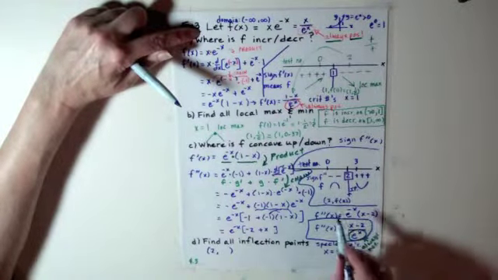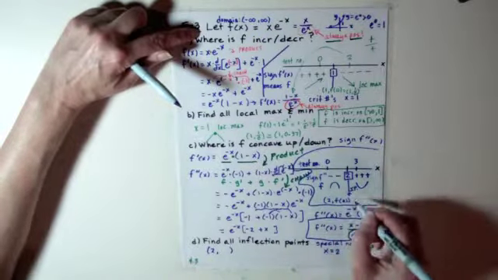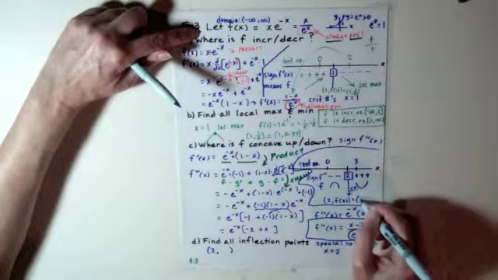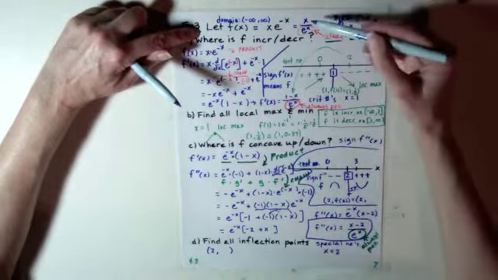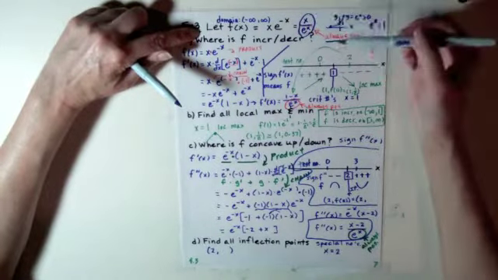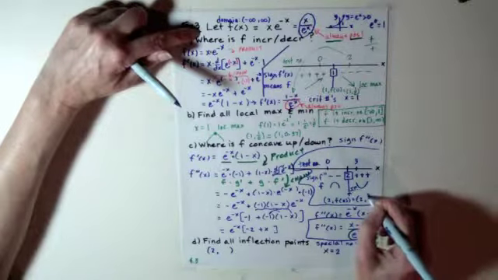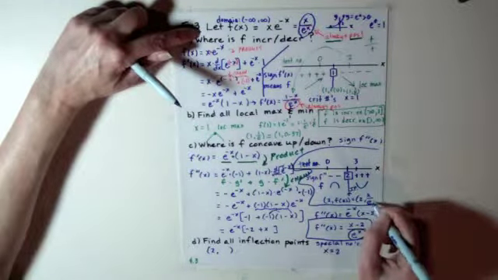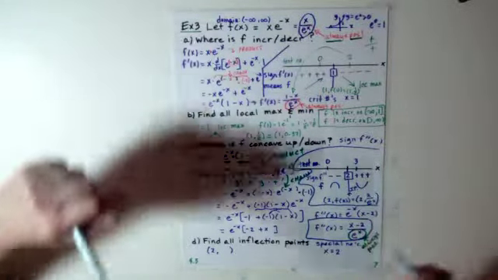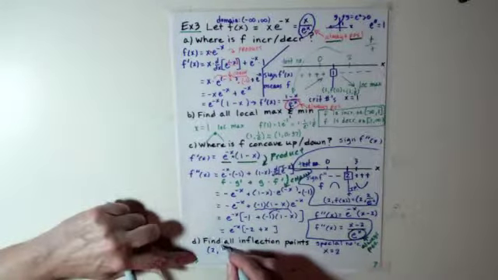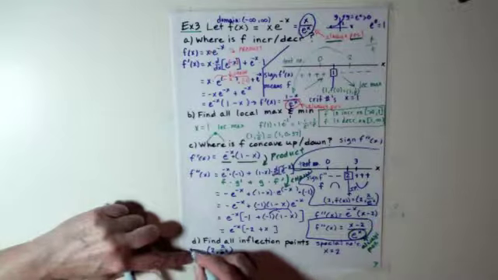So there's an inflection point at 2 comma f of 2. Well, what is f of 2? I'll plug into this form of f of x. It's 2 over e squared. So we have an inflection point at 2 comma 2 over e squared. Inflection point.